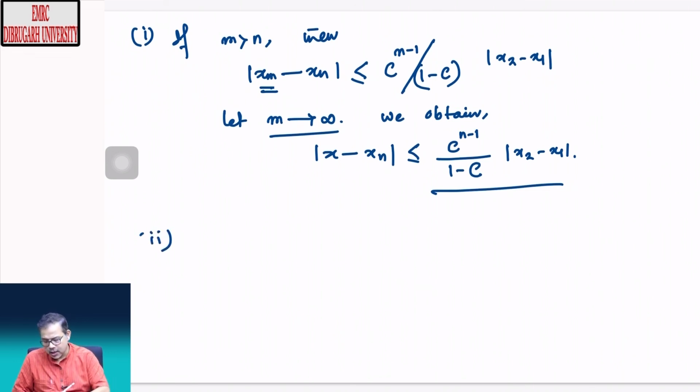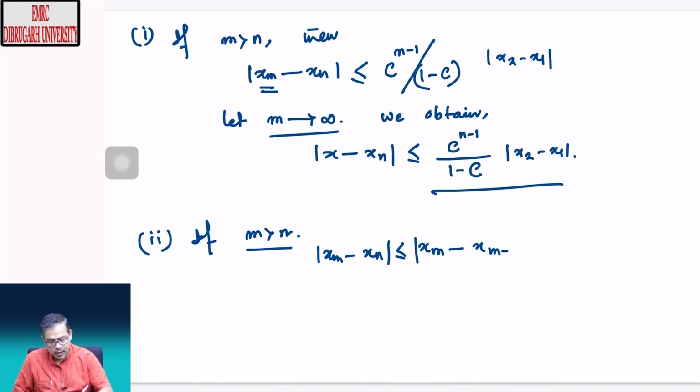For the second result, if m greater than n, we have |x_m - x_n| again less than or equal to |x_m - x_{m-1}| plus and so on. The last term would be |x_{n+1} - x_n|.